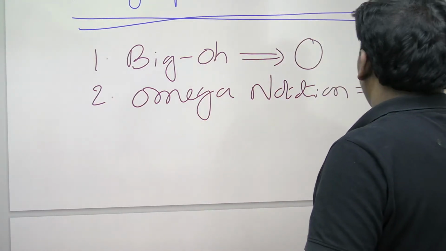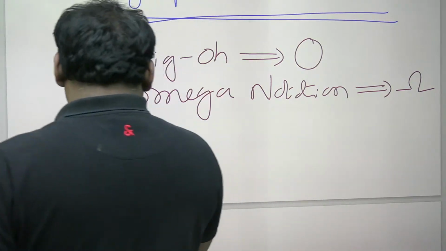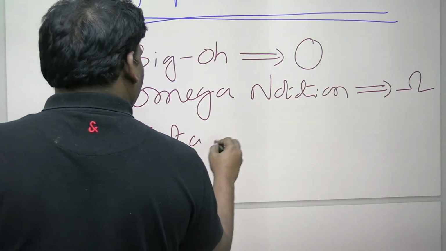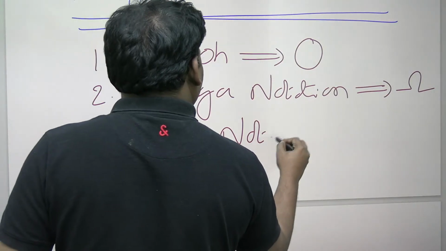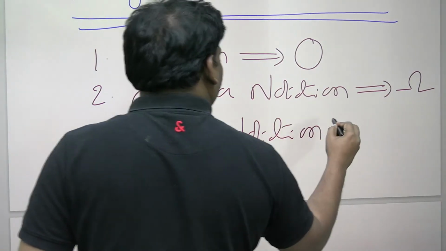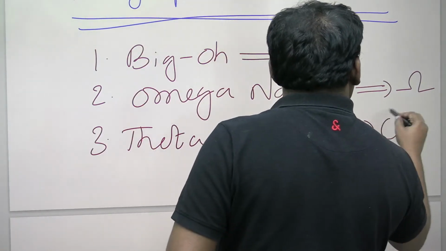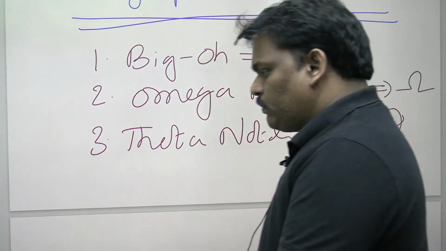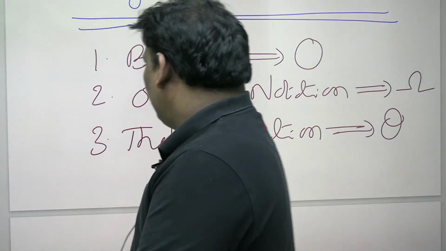This is the symbol. Third one is theta notation. So this is the symbol. Big O, omega and theta notation. These are the 3 symbols.